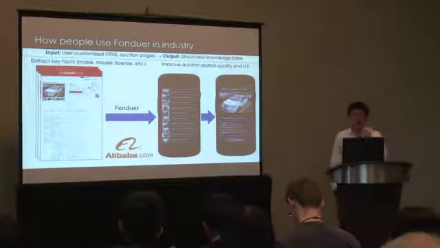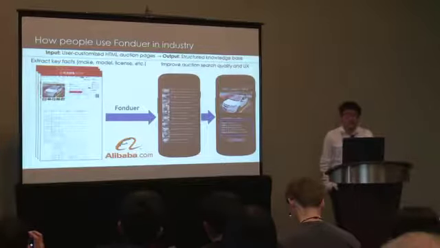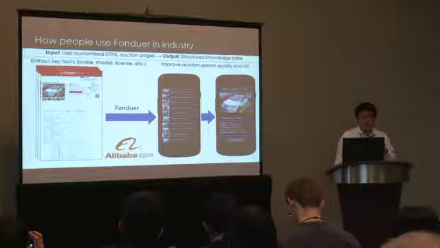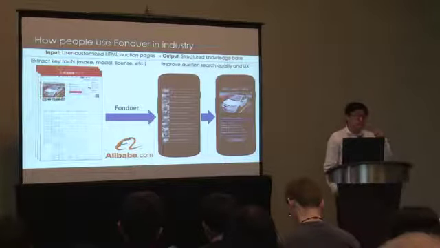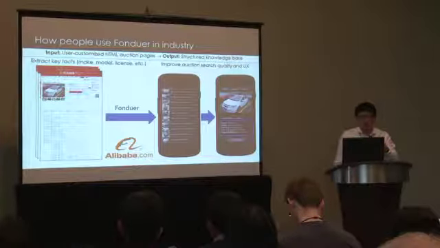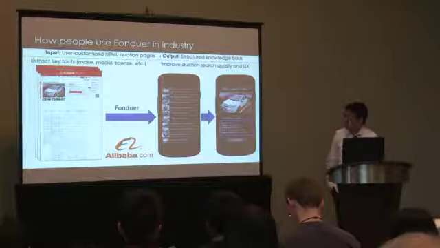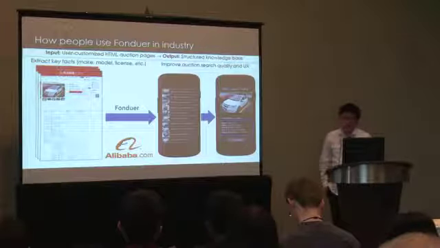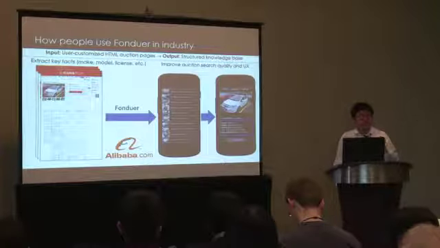Let's take a look at how people are using Fonduer in industry today. One of our collaborators at Alibaba has been using Fonduer to create knowledge bases that could be used to improve their search quality and user experience. Alibaba has an auction website which allows users to sell their things by writing descriptions in HTML.